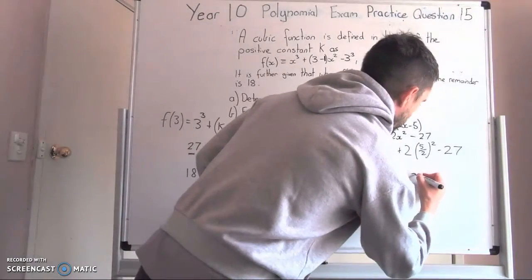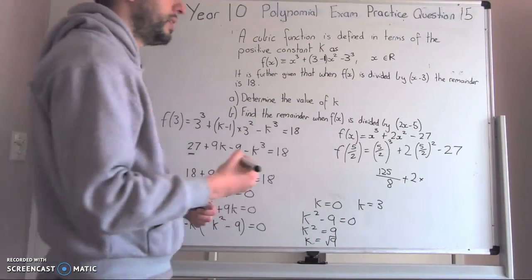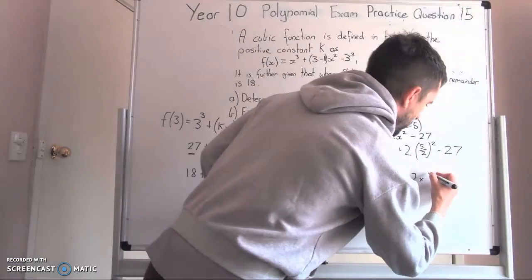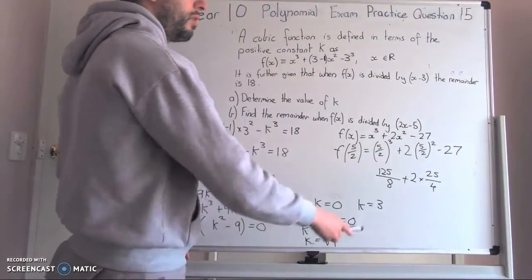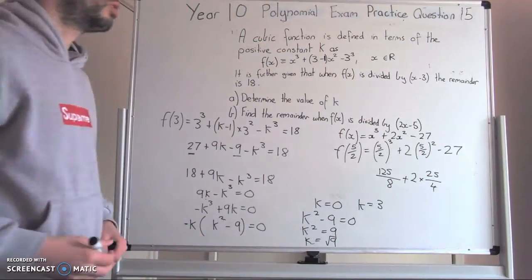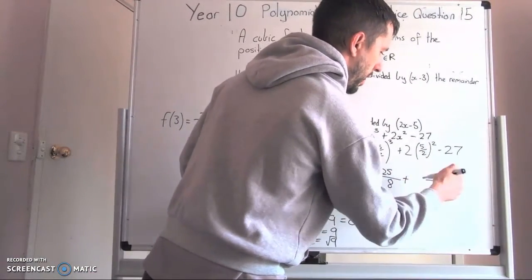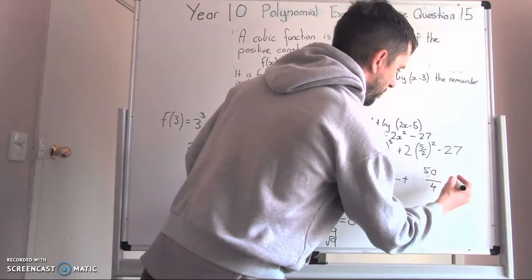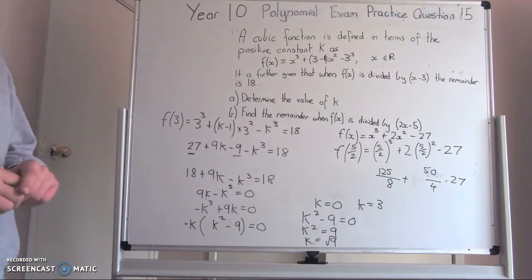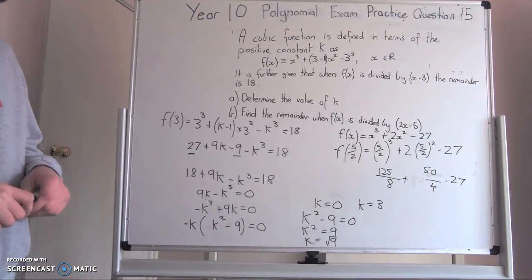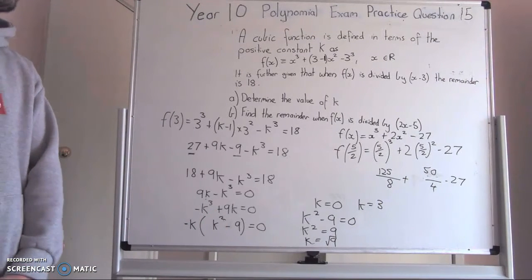I'll keep the 2 here for now. Because 5 times 5 is 25. 2 times 2 is 4. But then it's got 2 times that fraction. So 2 times 25 is 50. So now I've got 125 over 8 plus 50 over 4, take away 27.